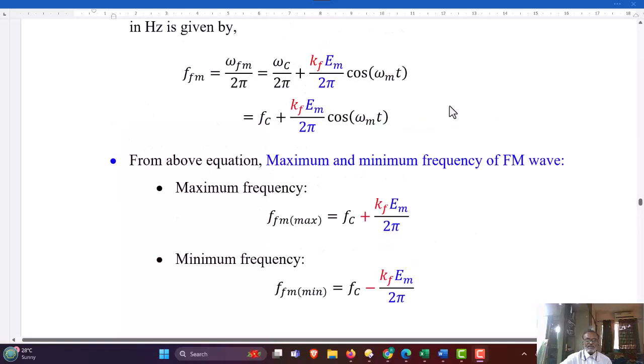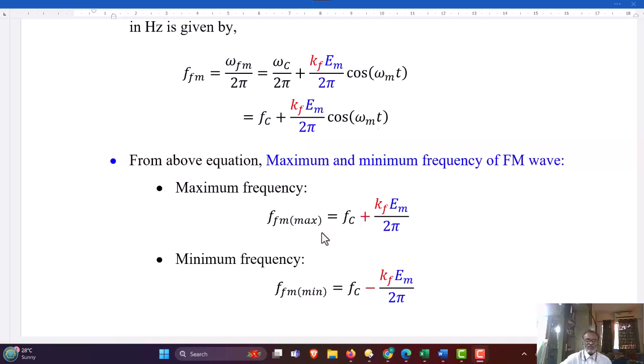From the above expression we have just derived for the frequency, we can estimate the minimum and maximum frequency content in the FM wave. The maximum frequency is given by f FM max, when cos of omega m into t is 1.